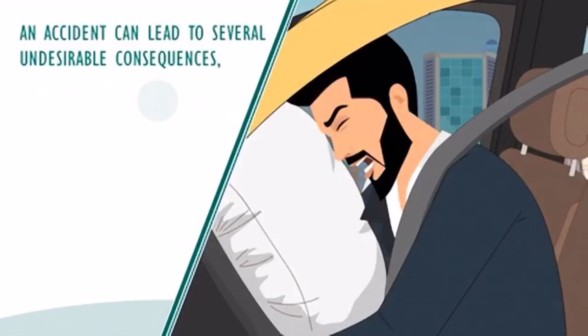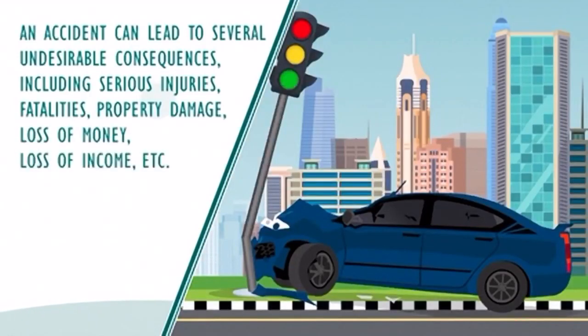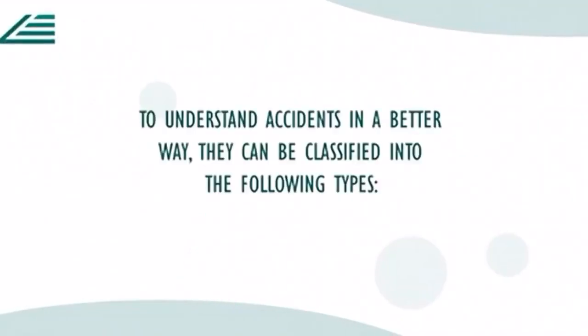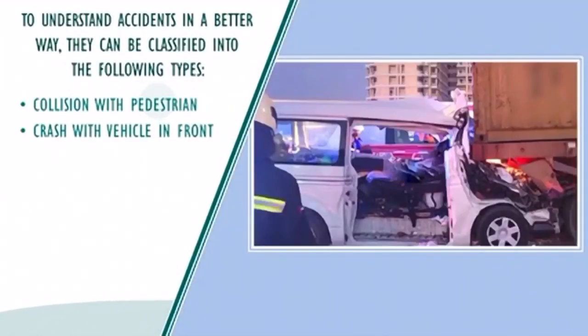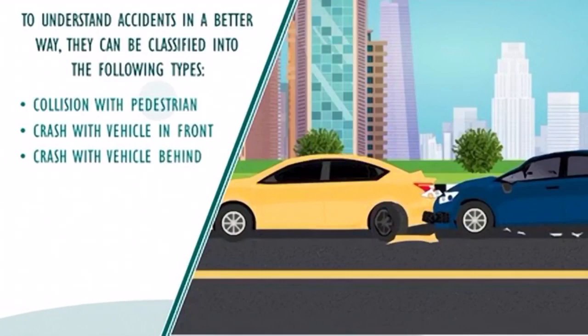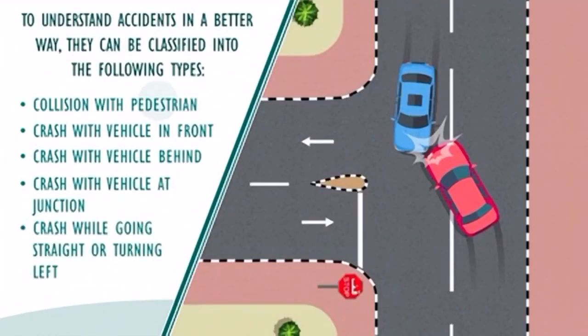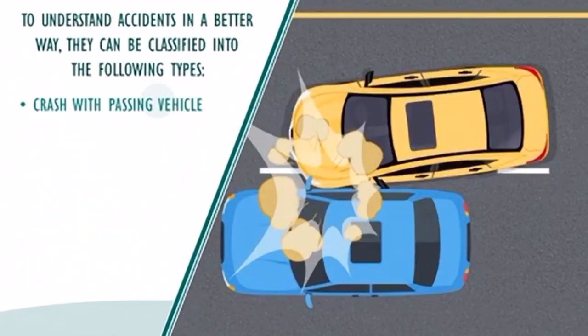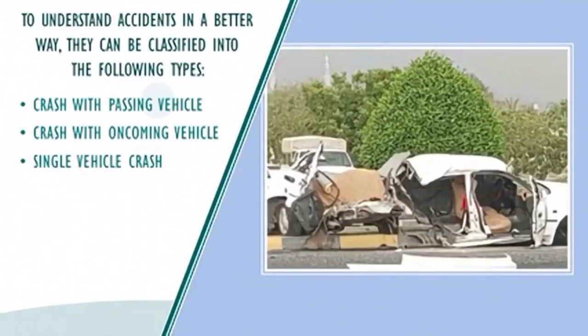An accident can lead to several undesirable consequences, including serious injuries, fatalities, property damage, loss of money, loss of income, etc. To understand accidents in a better way, they can be classified into the following types: collision with pedestrian, crash with vehicle in front, crash with vehicle behind, crash with vehicle at junction, crash while going straight or turning left, crash with passing vehicle, crash with oncoming vehicle, single vehicle crash.